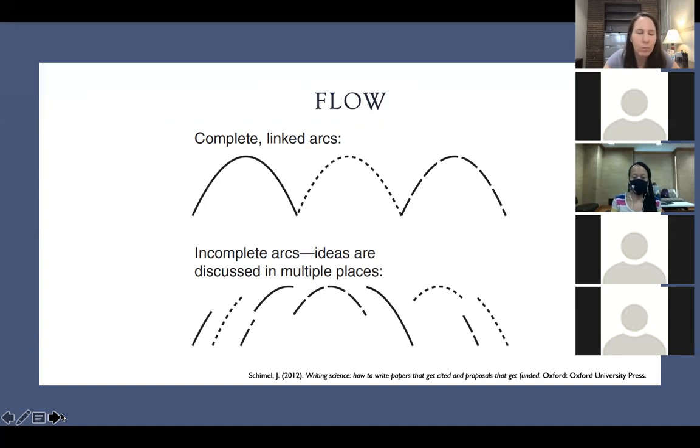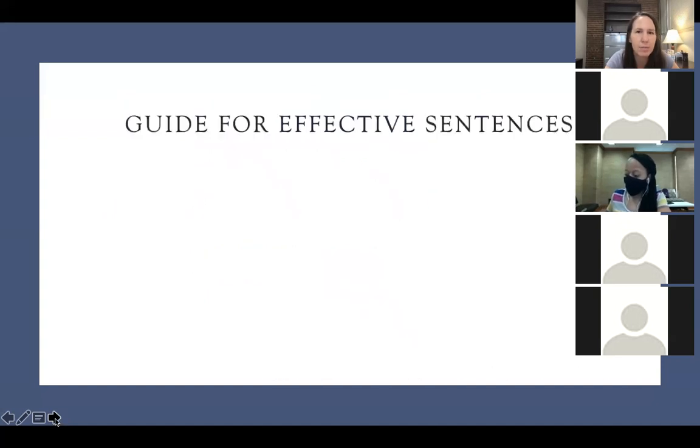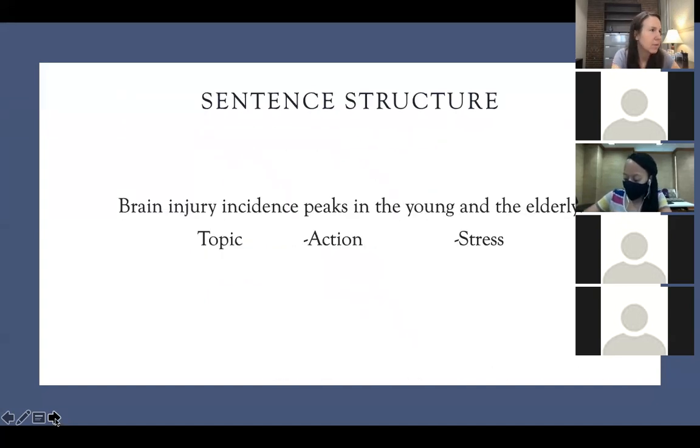So one way to think about how papers have good flow is to look at the sentence structure within your paragraphs. Sentences are structured with a subject, verb, and object.